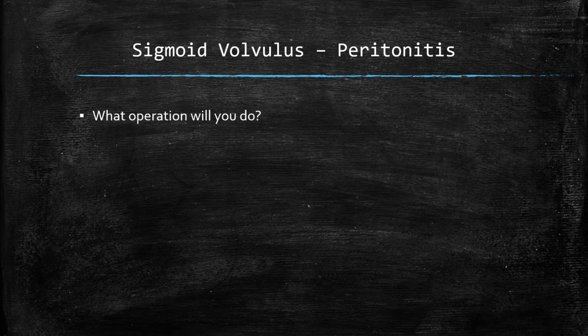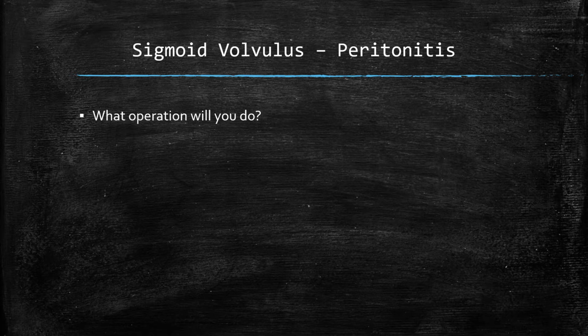It's probably obvious that the answer to this is no. The reason to decompress the patient is to convert an emergency situation into a semi-urgent situation. In this case, with peritonitis, there's no reason to wait. This patient needs to be in the operating room. So no endoscopy.